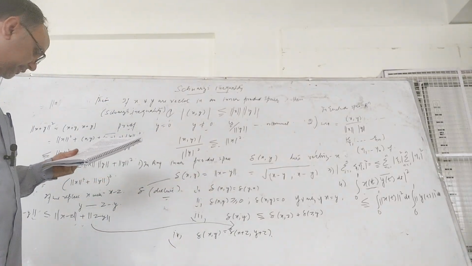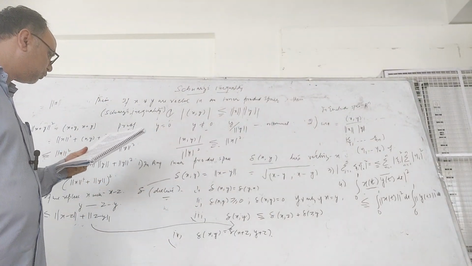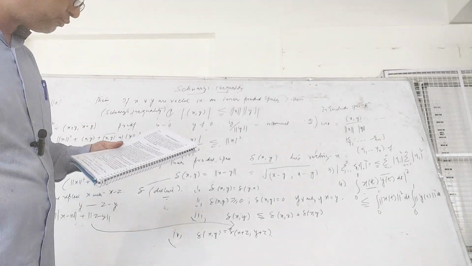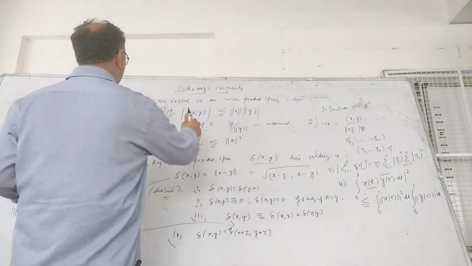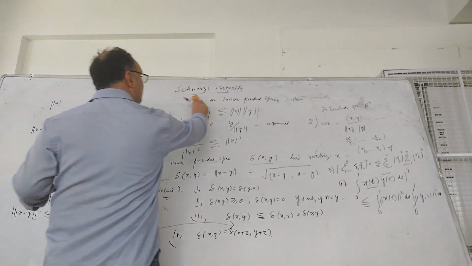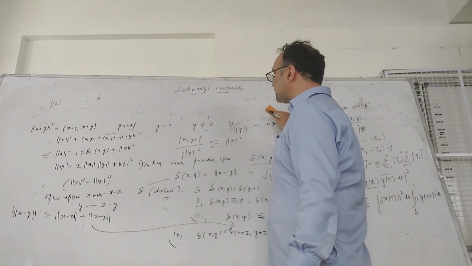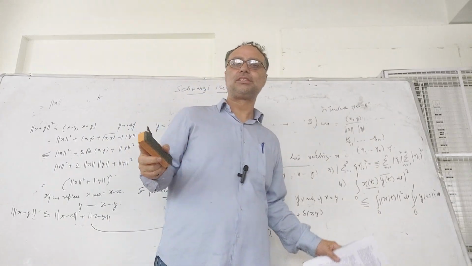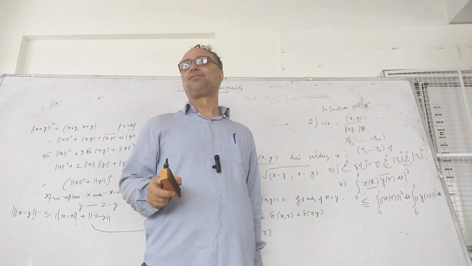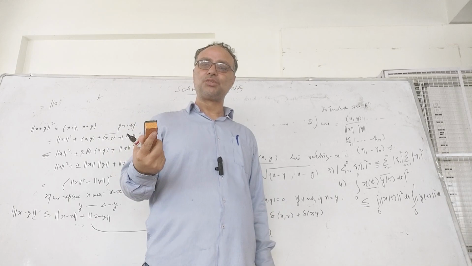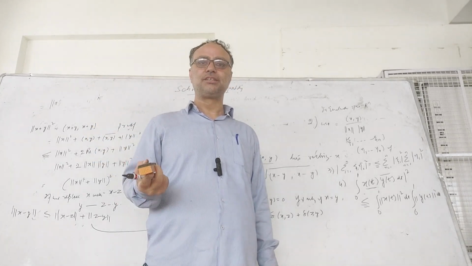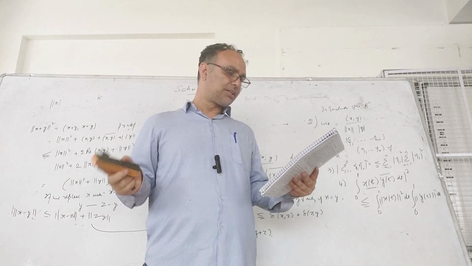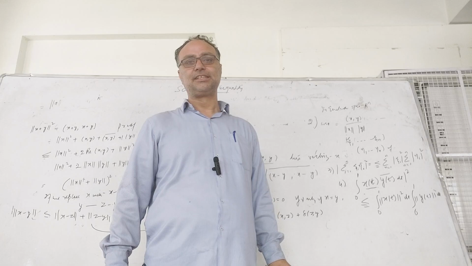Now I'll write a theorem: what is the condition for a complete orthonormal set? If the orthonormal set is said to be complete, the point is how to construct a complete orthonormal set.